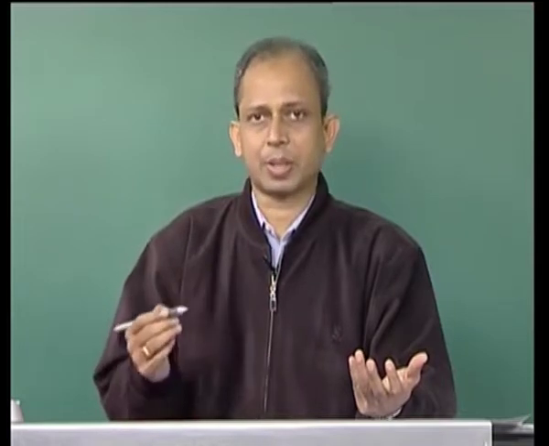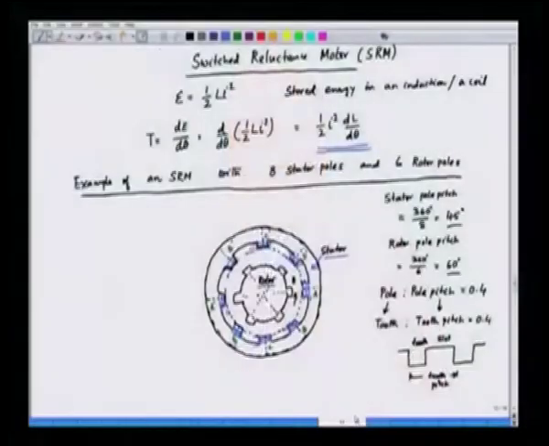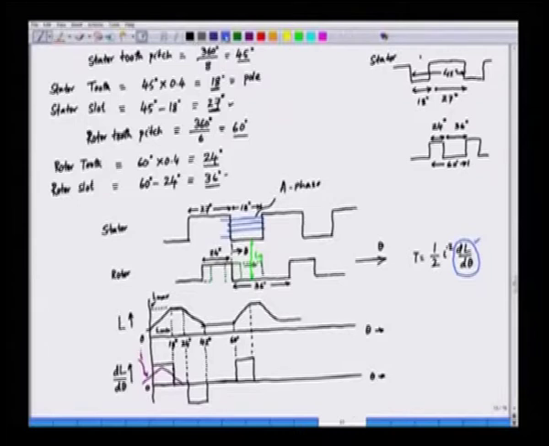So, if we analyze the inductance variation, as the rotor moves, we have the rotor here and we have the stator. The stator carries concentrated winding. These are the windings of the stator. This is, for example, a particular phase, let us say phase A. We have the stator phase A, and the rotor pole or rotor tooth is coming under the stator pole.